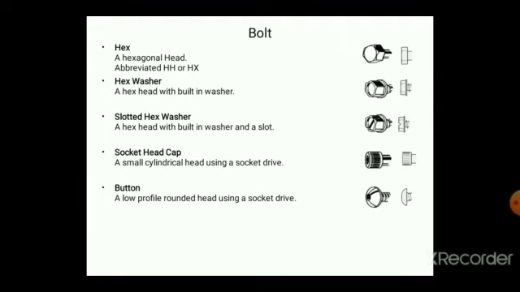Then if it has a washer on it, you can observe the shape in the figure. It is known as hexagonal washer head, or if some slots are there, slotted hexagonal washer head, or some socket type arrangement, socket head cap. These socket head caps we use at each and every station on pneumatic valves. We will cover the pneumatic valves, you can see in previous slides also.